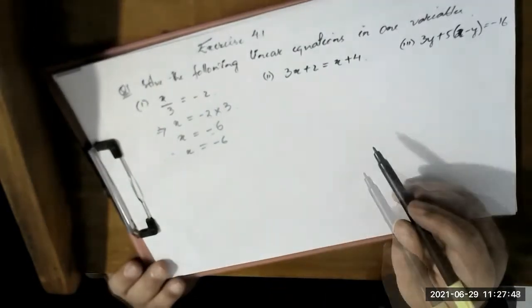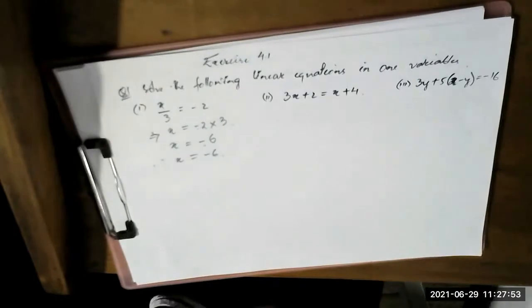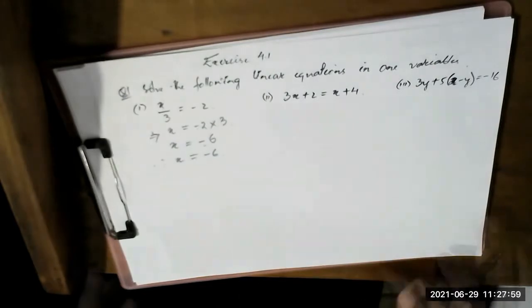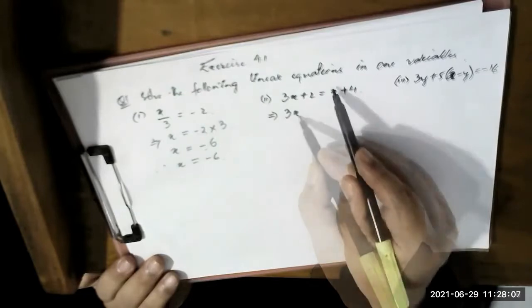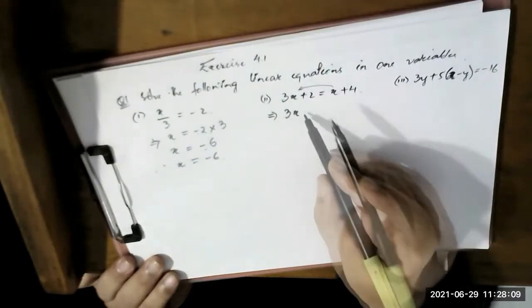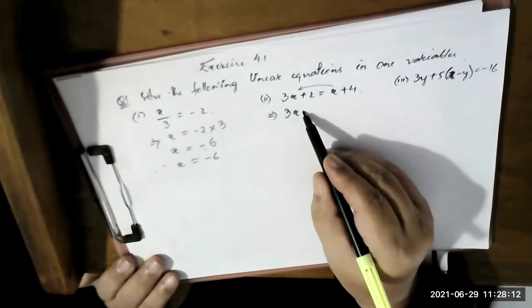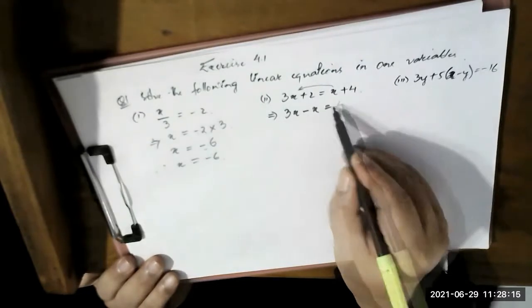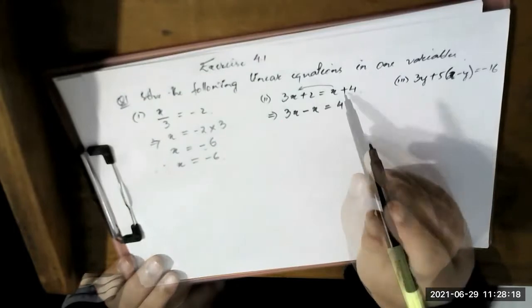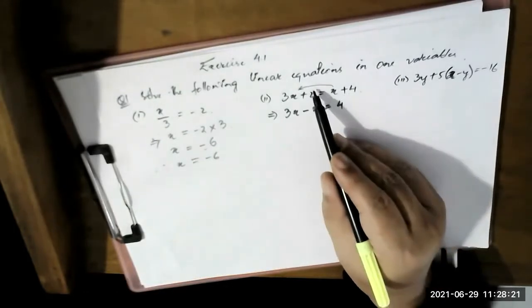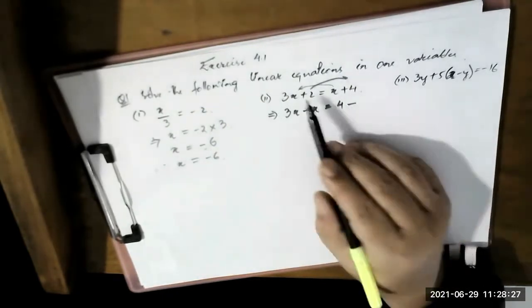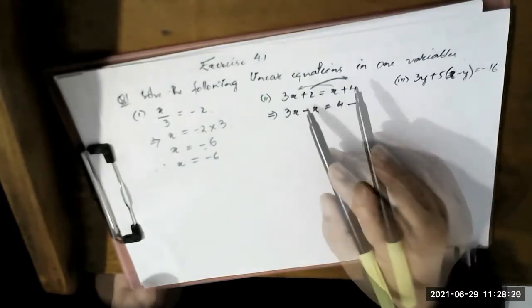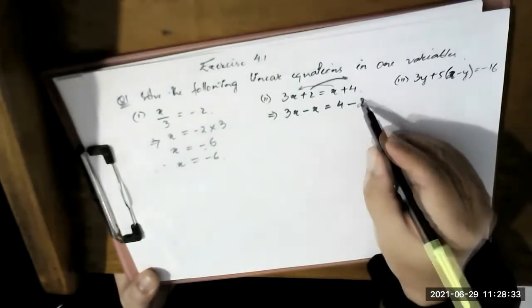In the case of Roman numeral 2, the question is 3x + 2 = x + 4. In this case, we have to rearrange it. Let's say there is 3x, and this x we have to transpose to the left side. That is, if it is plus, it will become minus x = 4, since it is still on the right side. From the left side, let's transfer this 2 as well. Since there is plus, when we transfer it, it will become negative 2.